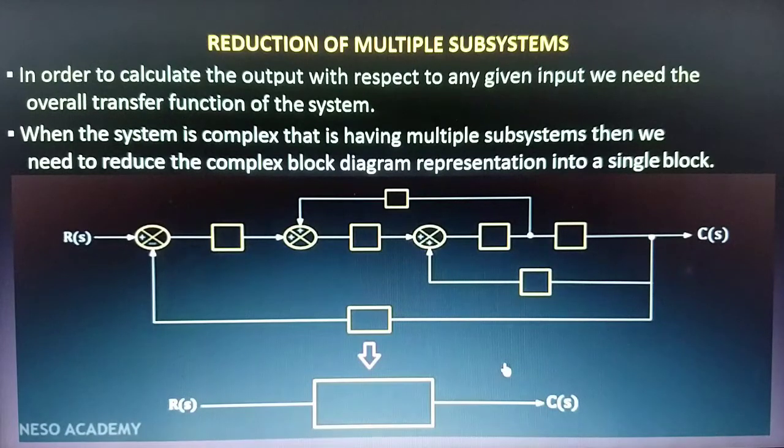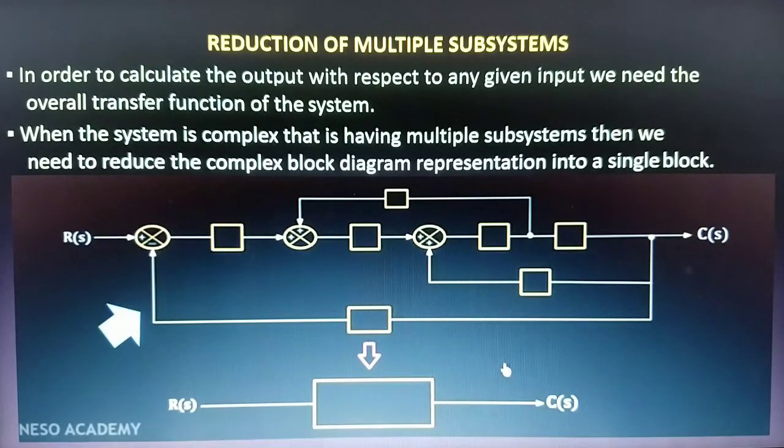Moving on to the next point, when the system is complex, that is, having multiple subsystems, then we need to reduce the complex block diagram representation into a single block, so that we will be able to determine the overall transfer function of the system. So now we have the idea that the primary target is to find the overall transfer function of the system.